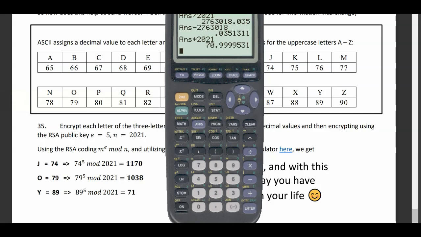So I need to pull up. Actually, I think I need to pull up the actual exam. Exam 3. And now I need to pause the share.